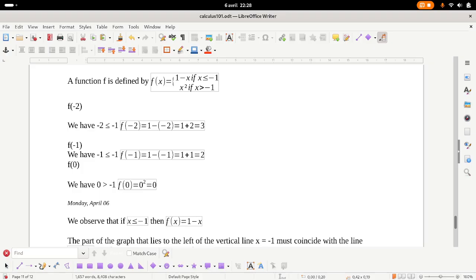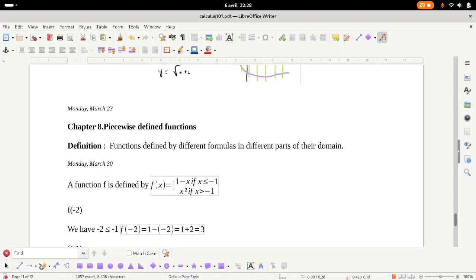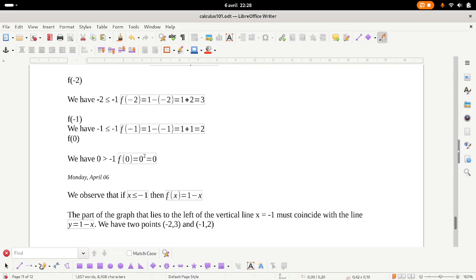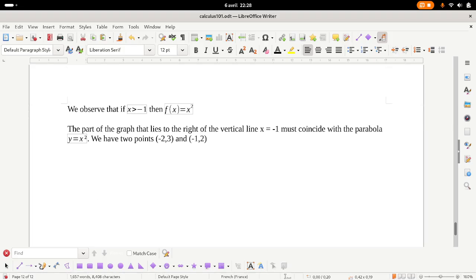And we'll calculate, we have a first point which is 0, 0, and we have the point 1, which is 1, and 2, which is 4. I have some points.